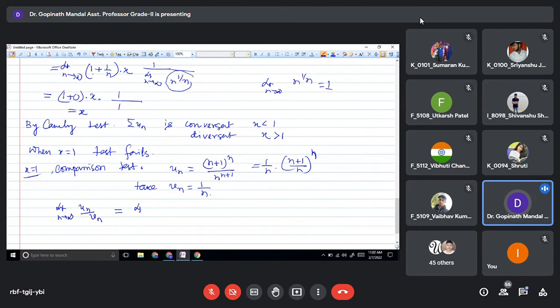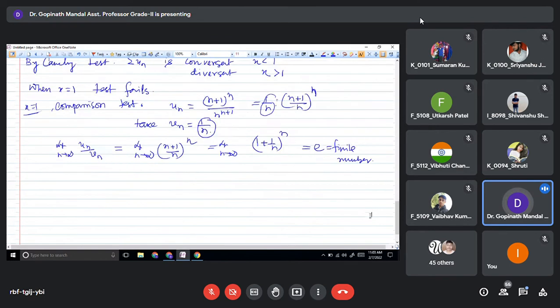So un by vn will be, the 1 by n and 1 by n cancel, so this will be ((n plus 1) by n) to the power n. So limit n tending to infinity of (1 plus 1 by n) to the power n, and this limit is e, which is a finite number.